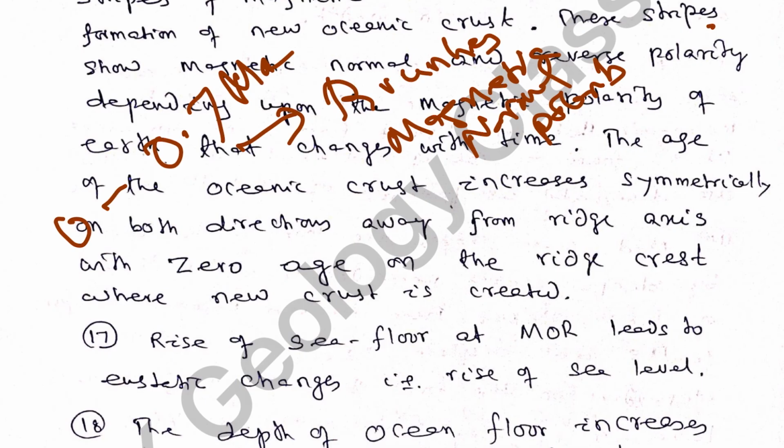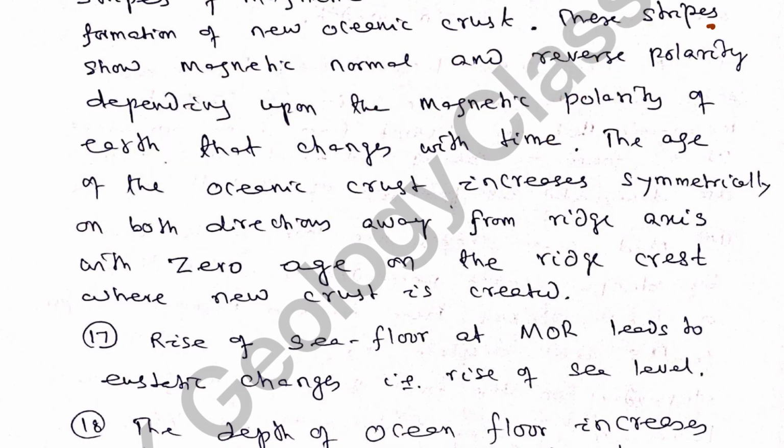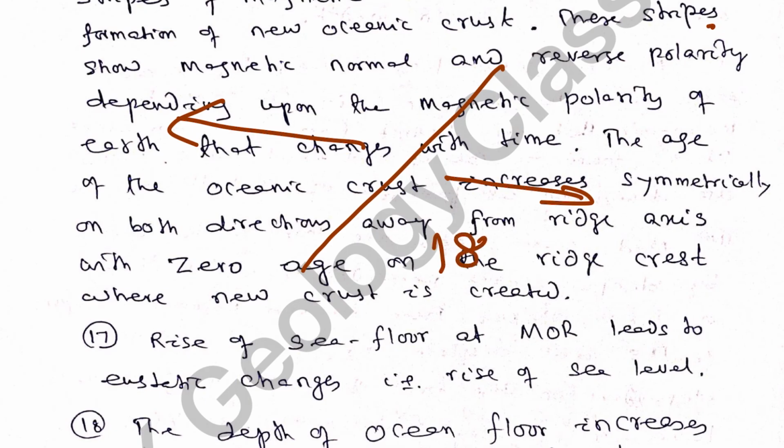So the arrangement of these magnetic stripes on both sides of the mid-oceanic ridges proves that the oceanic crust is found to be older away from the mid-oceanic ridges on both sides. And the oceanic crust is not found to be older than 180 million years.